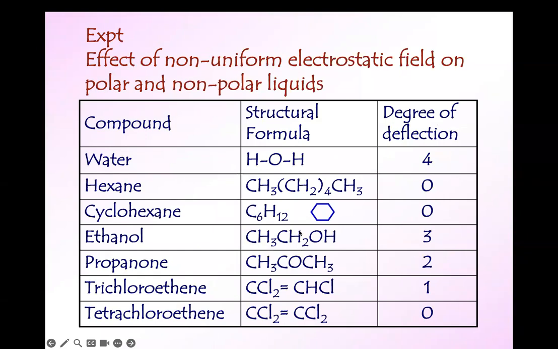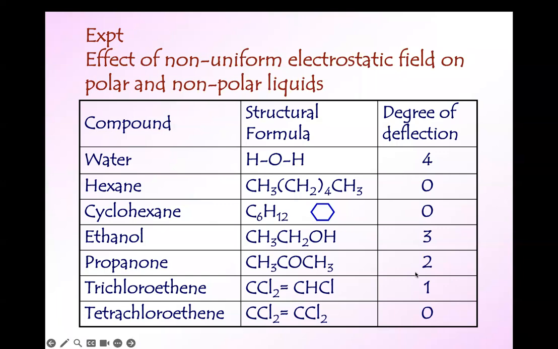But we have different degrees of deflection. If it is more polar, then it will be affected more and attracted more. The degree of deflection will be higher. For example, H2O is the superpolar liquid, so its deflection is 4. The second one is ethanol, the second most polar one, with a degree of deflection of 3, while propanol is the third most polar solvent, so its degree of deflection is 2.